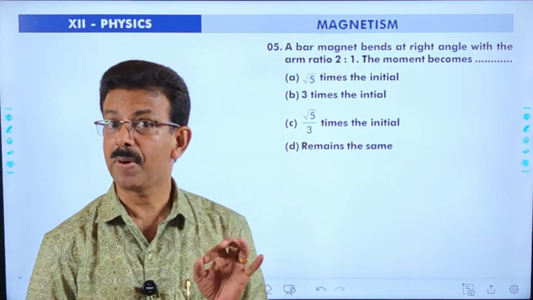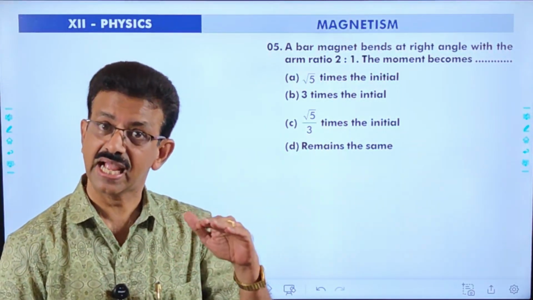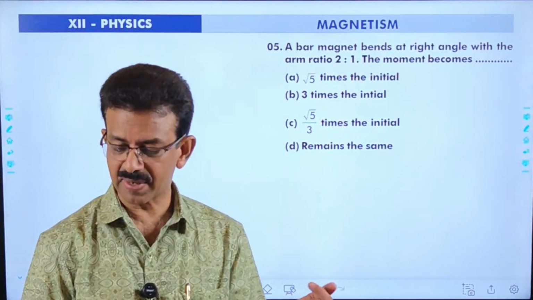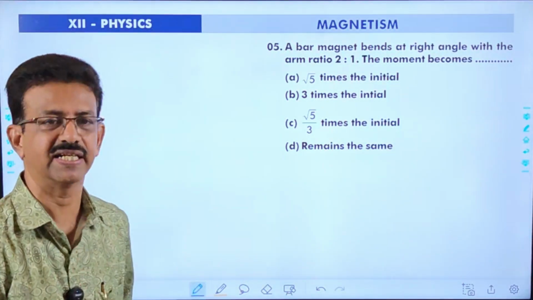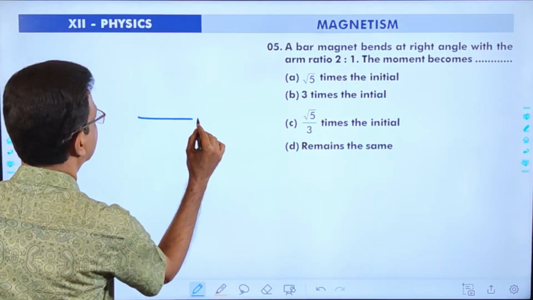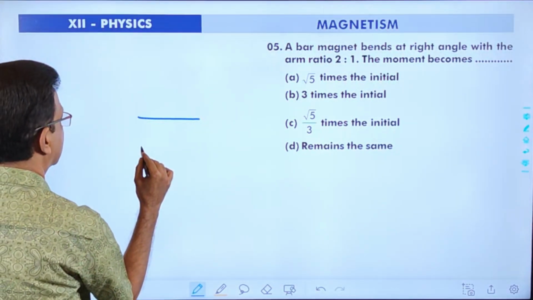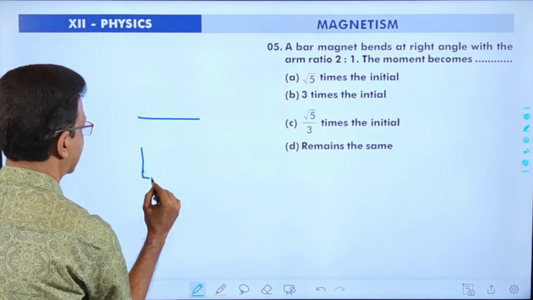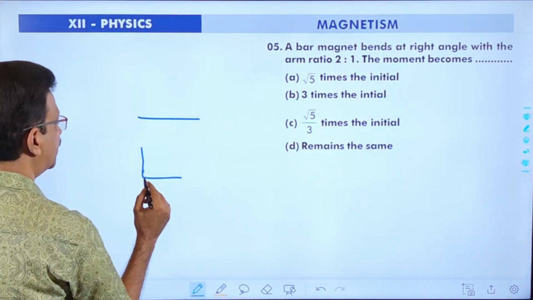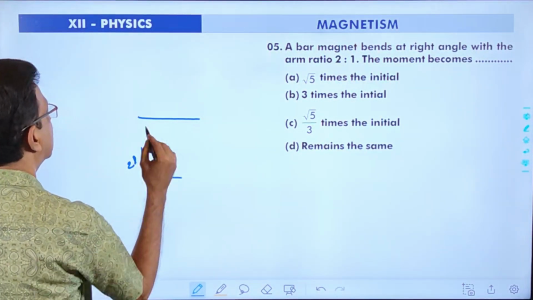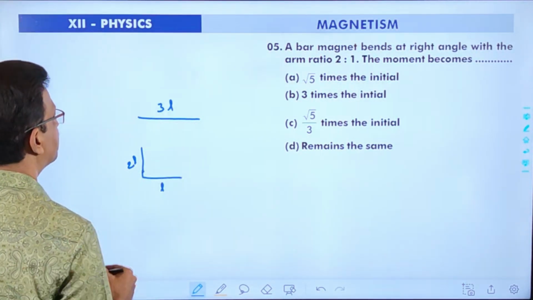Question number 5. A bar magnet bends at right angle with the arm ratio 2:1. Okay, listen here. Initially, it is a straight line. In the second case, the bar magnet bends at right angle, arm ratio 2:1, that is 2L and L. Then initially 3L.